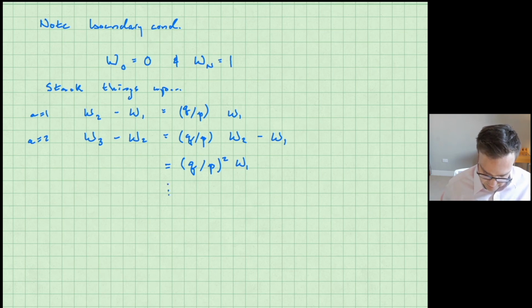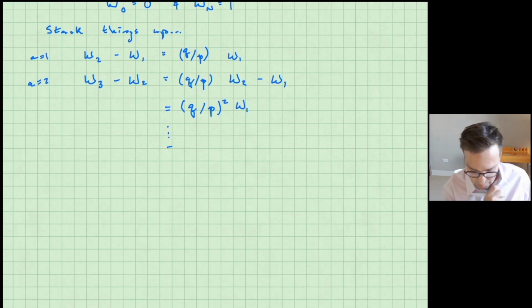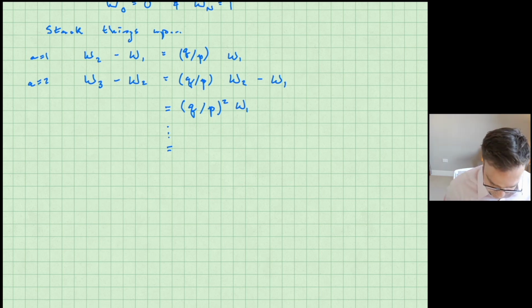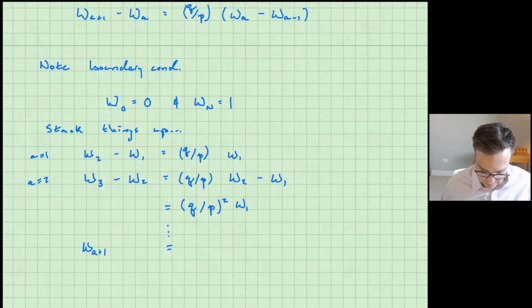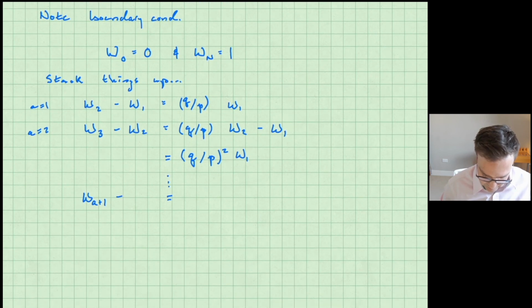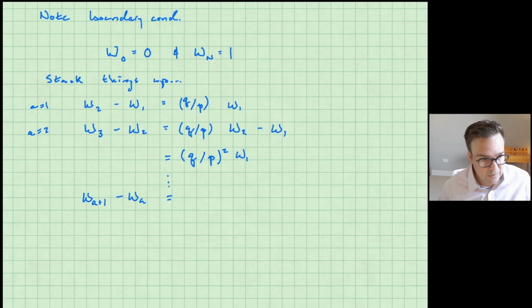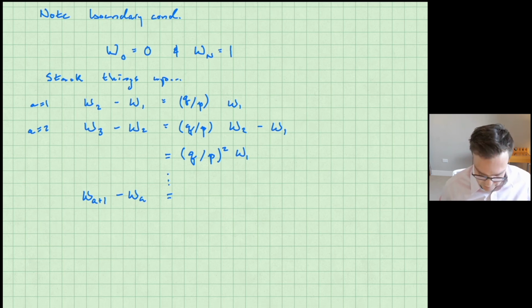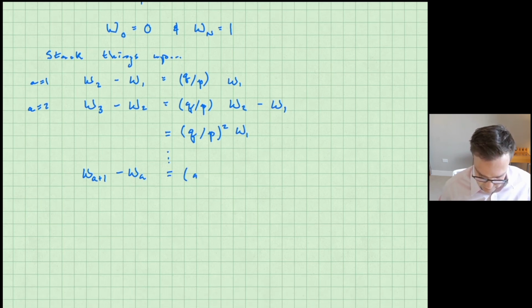Now, if you keep repeating this over and over again, make this stack go on and on, you can just build this up until you finally get to W A plus 1. So this is the last one, minus WA, and this is equal to Q over P to the A times W1.